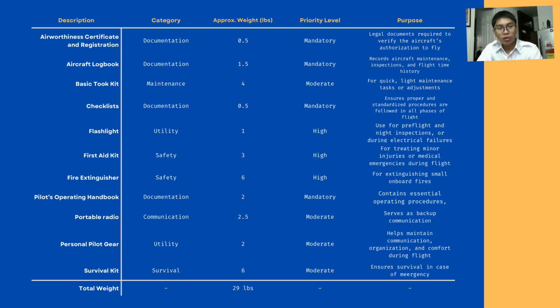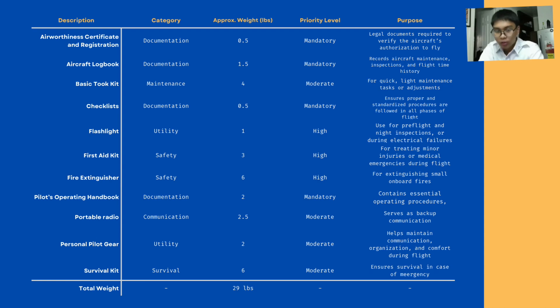We have the airworthiness certificate and registration. It's documentation. As you can see, these are all the weights, which I will not be mentioning because it is already up here, but it's 0.5 pounds. It's mandatory, always. A certificate and registration is like a license in your daily life.